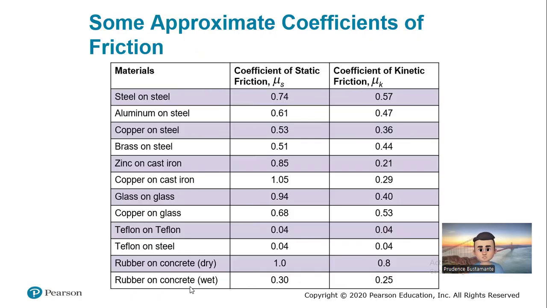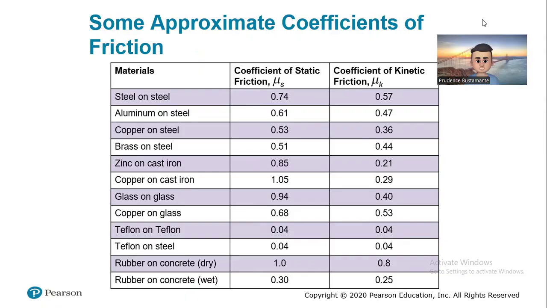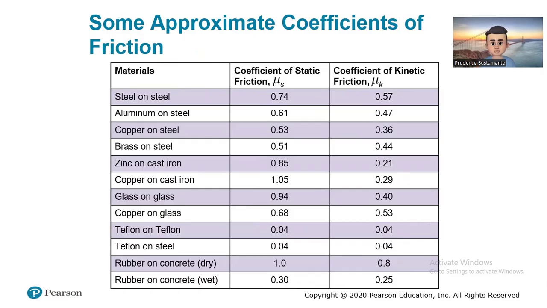But if wet, if you look at this one, it's almost 0.30. Okay, so you should be careful in driving on wet surfaces. In rainy season, you need to be careful when riding.